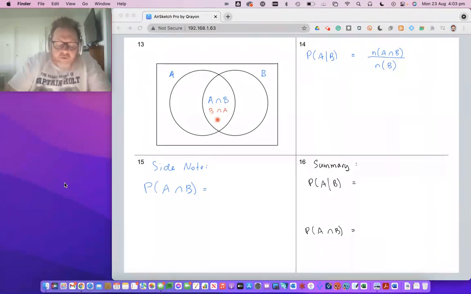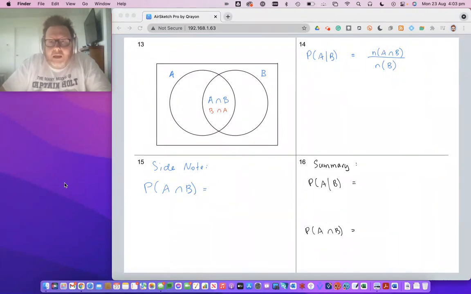And if you think back to our example as well, the top number is always going to be the number of outcomes in the intersection, because this is not going to get a look in, and this is not going to get a look in as well, because they're still sitting down. So the only people I can draw from are these ones. So that's going to be the number of outcomes, sorry, in A intersect B. And so this basically becomes our formula based upon numbers.